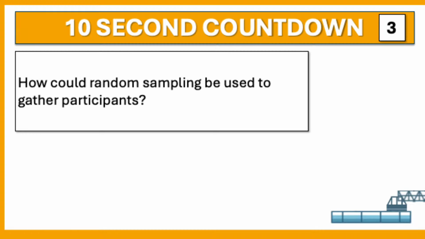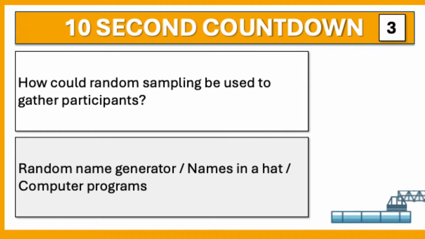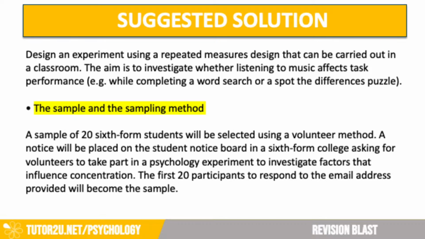If you're describing how to do it, then you need to remember to say that you give everybody a number in your sample, and then put them into the random number generator and get it to pick out however many in your sample. Or you could put all the names in a hat and draw out from the hat. Well done. So again, this is information that you could use in your answer.